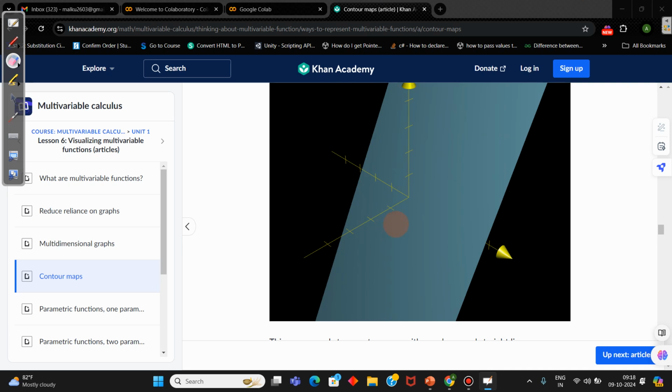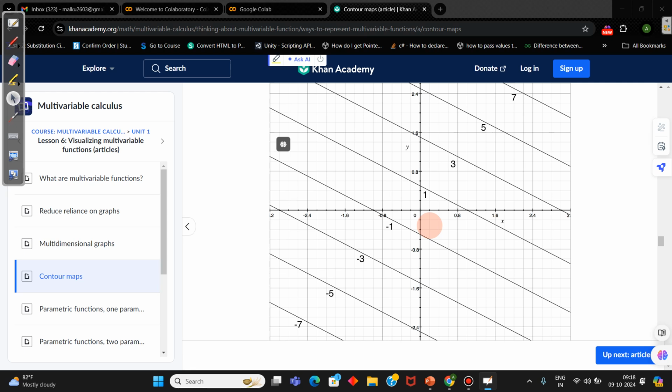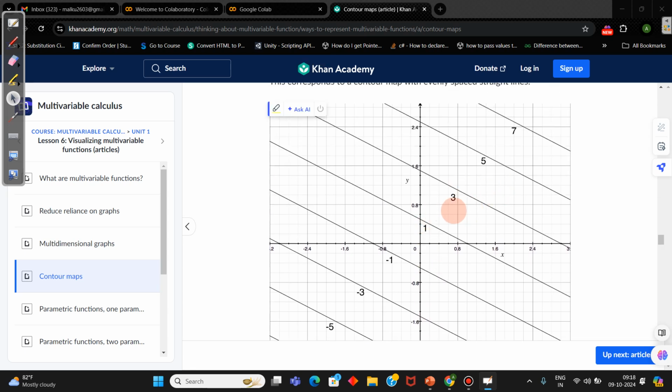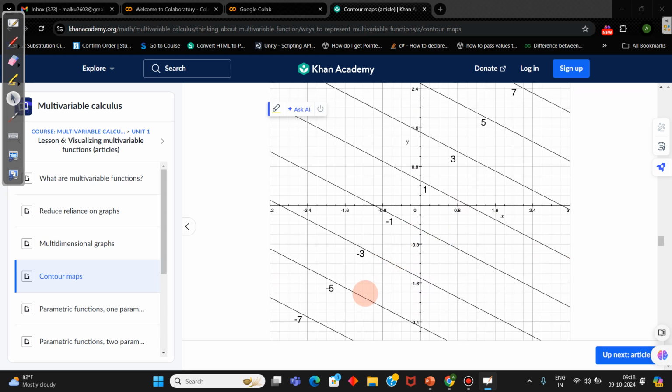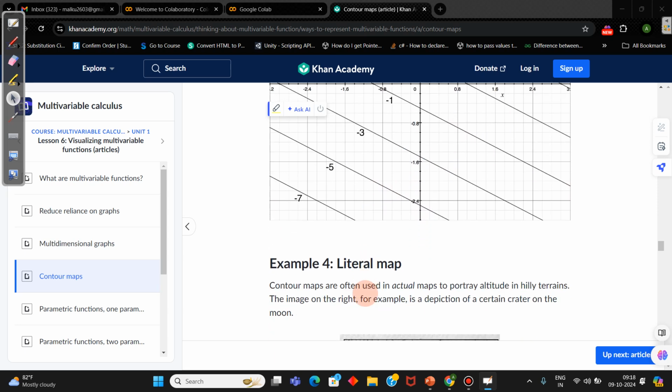That's what we are seeing, different parallel lines, having 7, 5, 3, 1, -1, -3, -5, -7 as the z output values.